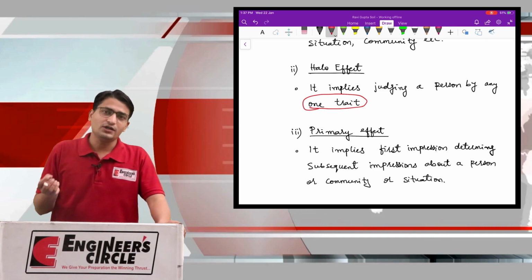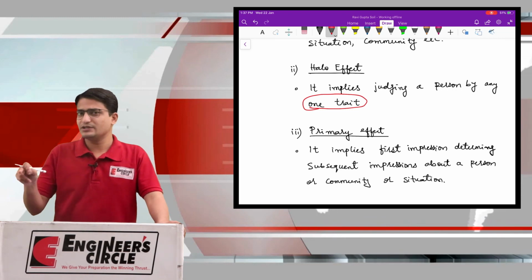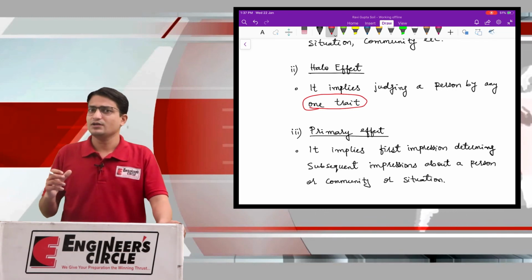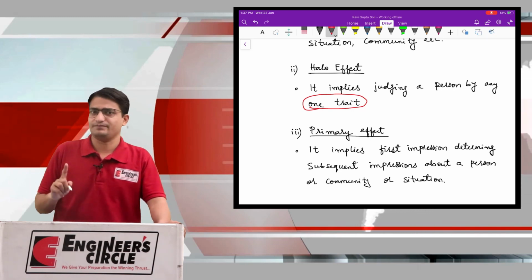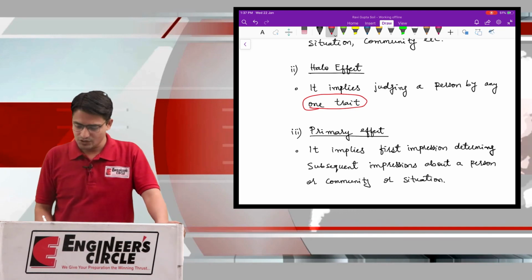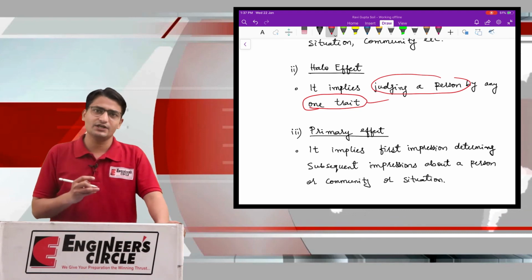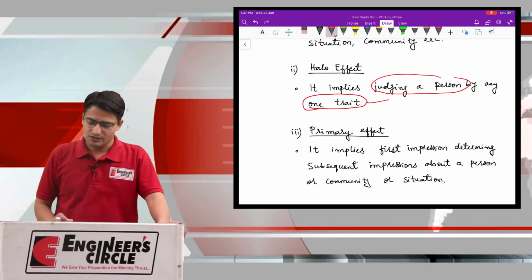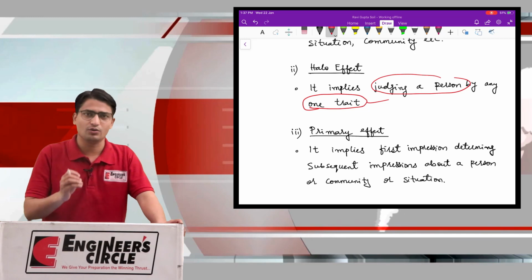Now what subjectivity can you develop? You will think that that person is a lazy person, he is not a dedicated person. Why? Because you have seen just one aspect of him, that he is always late. So here what is happening is you are judging a person only by one negative trait. You are concluding that that person is a negative person. Okay, so you must avoid this halo effect.